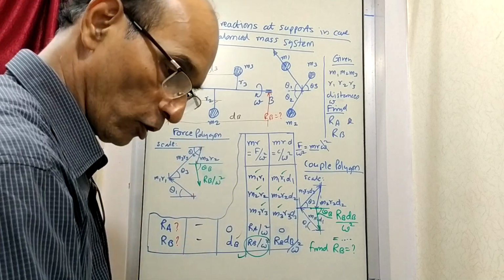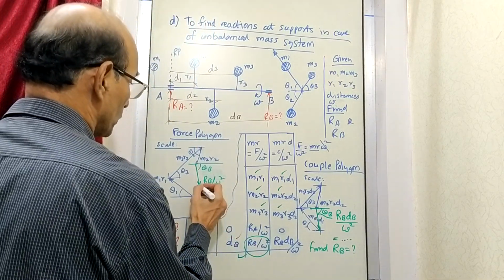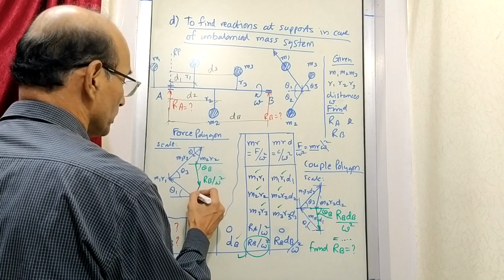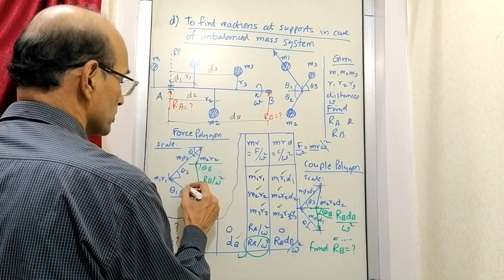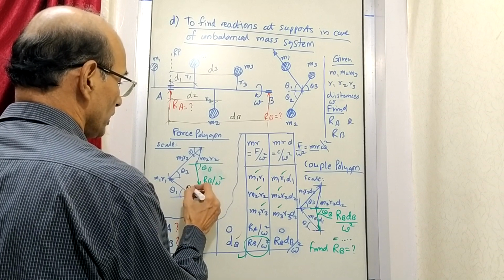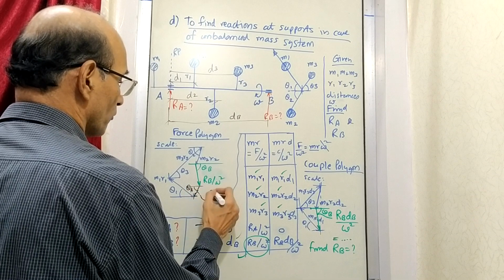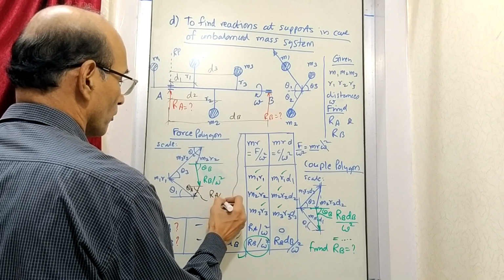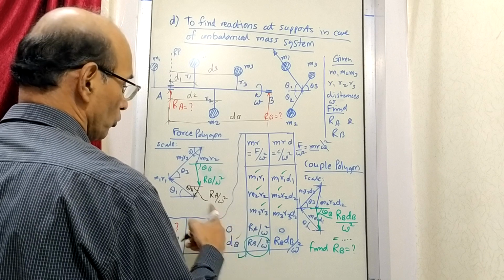Now the closing polygon, that means if you try to close the polygon, then this will be the vector which is at a certain angle theta A, and this is the vector we are looking for, RA upon omega square.